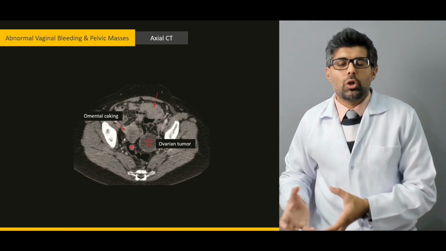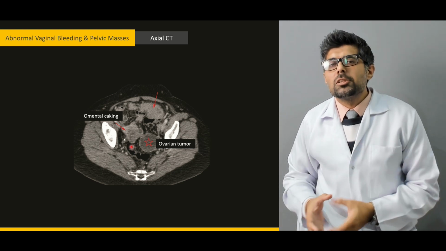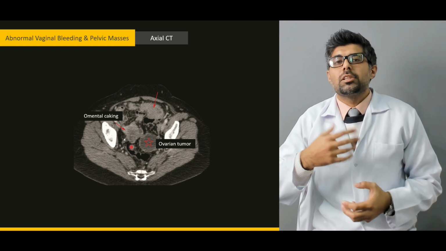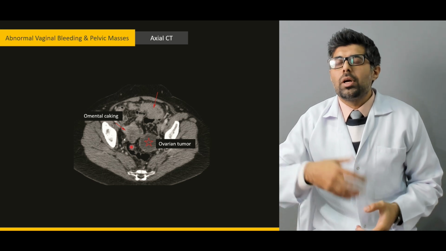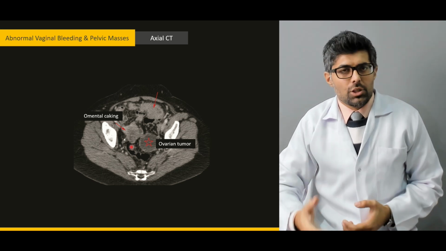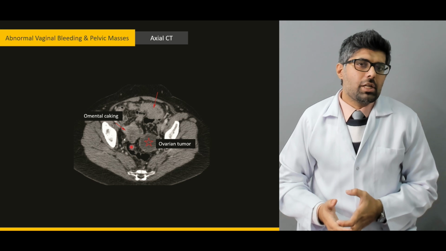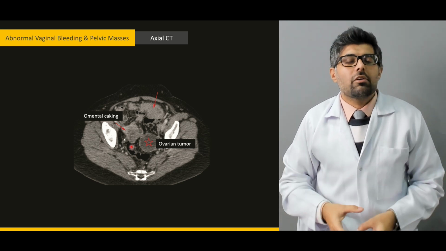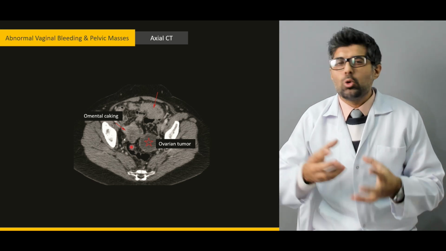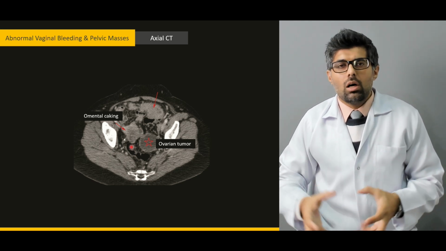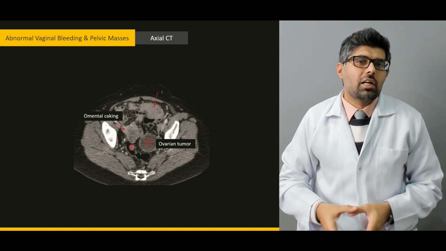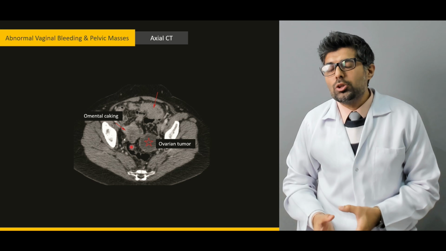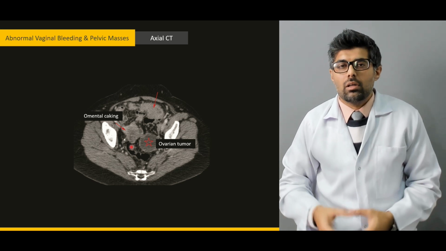Whenever there's a solid mass that is malignant, and because of its malignancy there is metastasis in the omental tissue, in the fascia inside the peritoneal cavity, the metastatic tissue will give rise to small nodules, small clumps inside the peritoneal cavity, which is called in radiological terms omental caking.